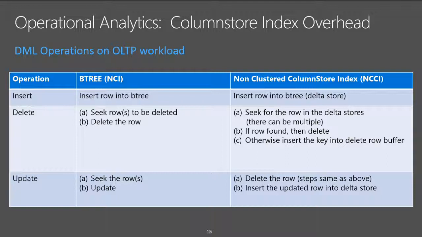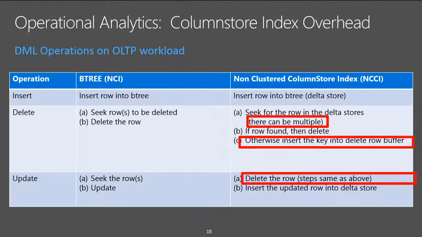So what you should see here is that those red things that I'm showing you are the ones that are adding more cost to maintaining a non-cluster column store index. You all agree? Because this is more expensive. You have a traditional B tree index and now you replace that by a column store index, so there is some additional cost.